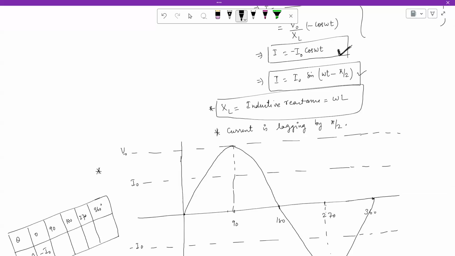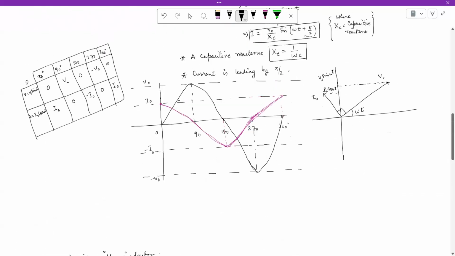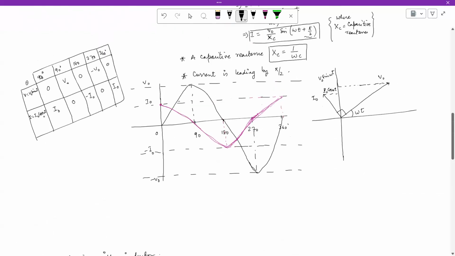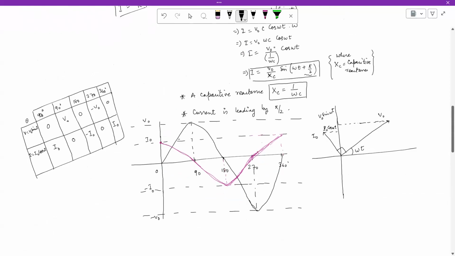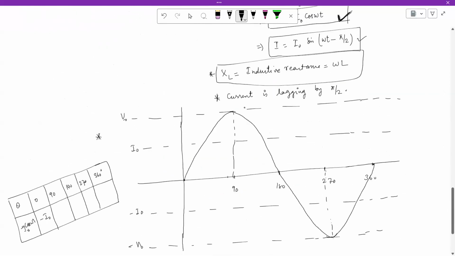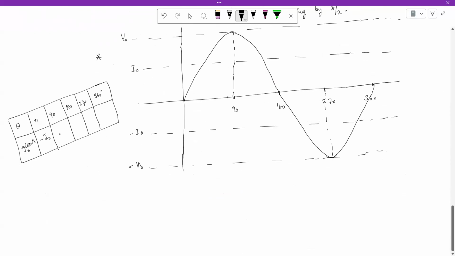But we'll draw the graph from here. In the previous case also, I wrote I naught cos omega t, because from here it is easy to draw the graph. So this is minus I naught and then 0 and then I naught.